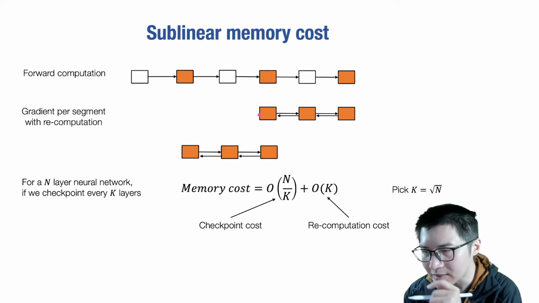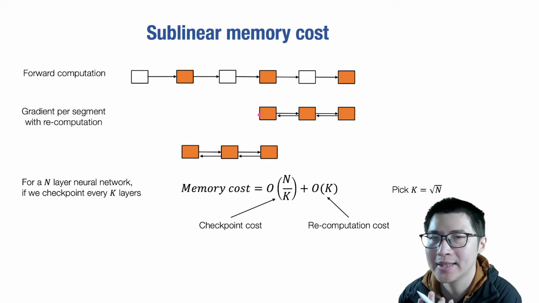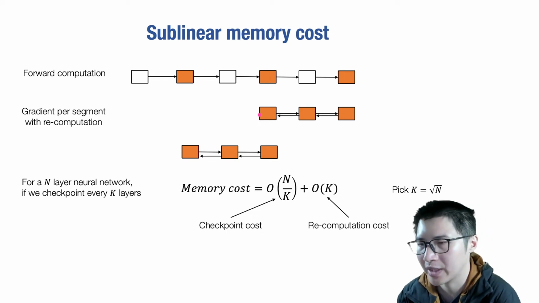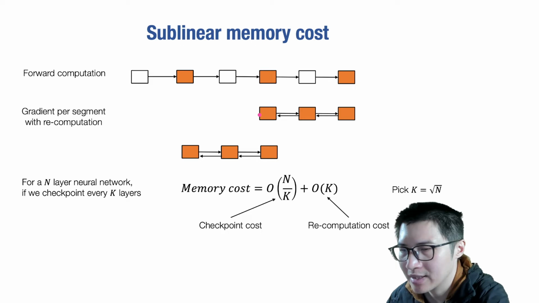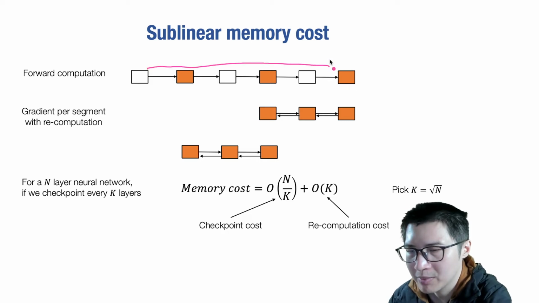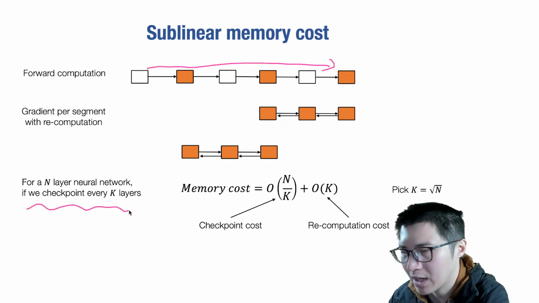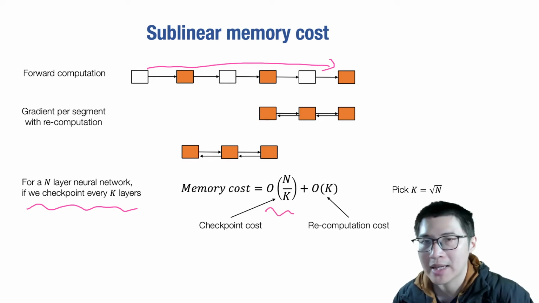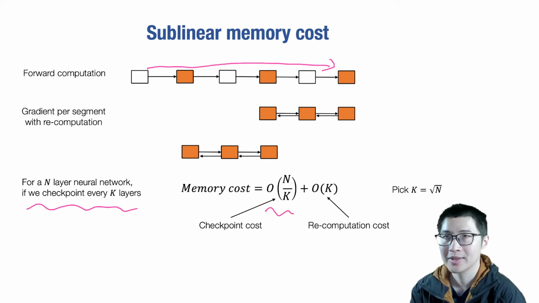We can also go ahead and try to run a careful calculation of what are the things being involved in here. So in this case, if we run a forward computation and let's say we checkpoint every k layers, that means that in total that's going to be n divided by k checkpoints. And we need to remember n divided by k colored nodes effectively here.